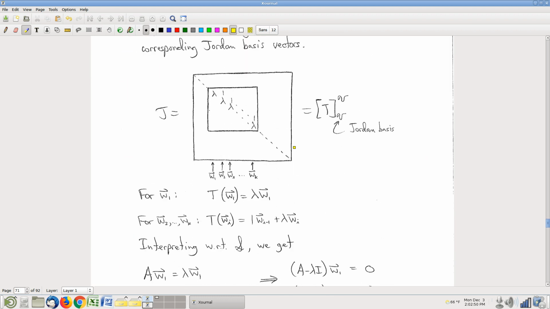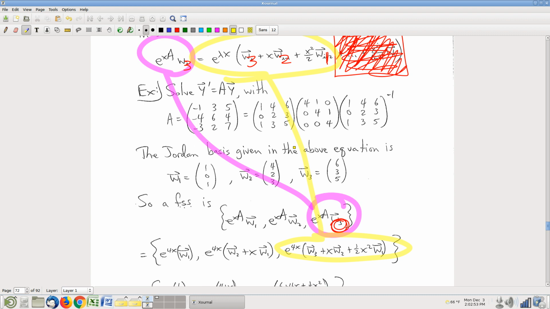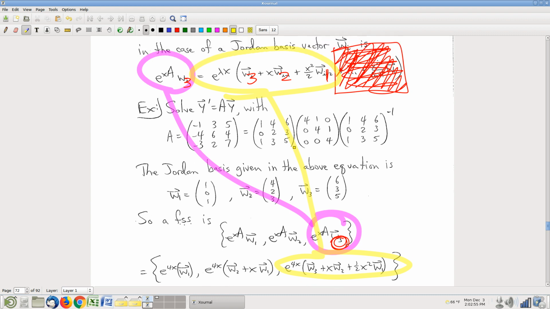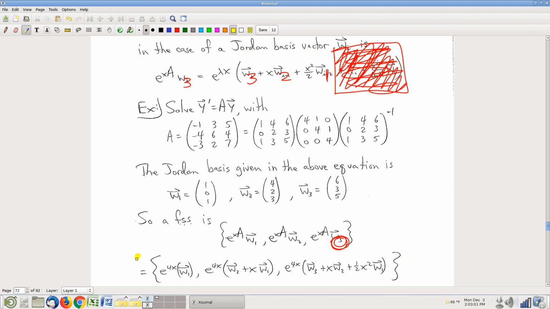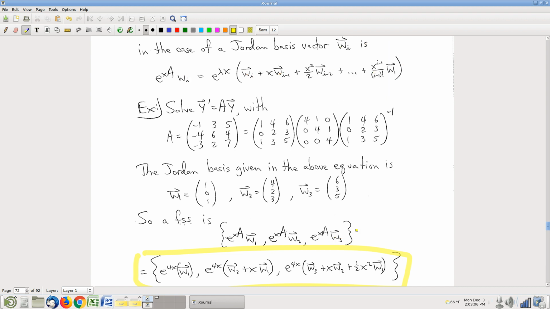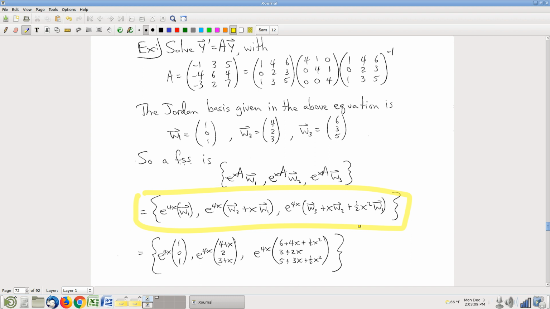Right. Okay, so that's where we left off last time, was with this example. And we applied the above formula. We got the fundamental set of solutions right here. Of course, this fundamental set of solutions doesn't have the actual Jordan basis vectors in them. W1, of course, you see there, and thus there, kind of there, and sort of there, right?